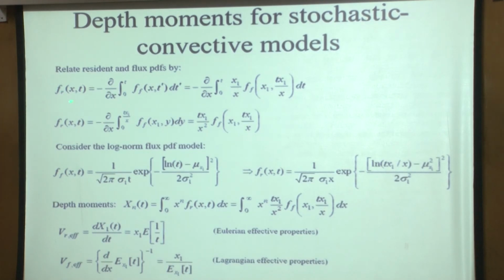So we have to do some more transformations for that, and we can do that because just earlier we found out that the resident concentration and the flux concentration are essentially related by this expression. So what I can do is, this is just a transformation of variables. After I do a little bit of transformation of variables, I find that f_r of x,t is in terms of f_f, but wherever I had x, I'm essentially going to write x1, t, x1 over x squared.